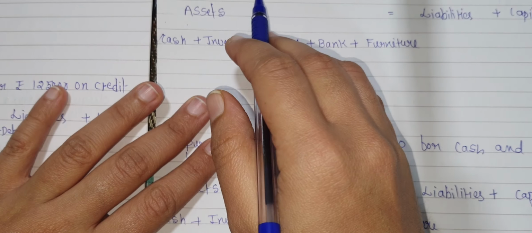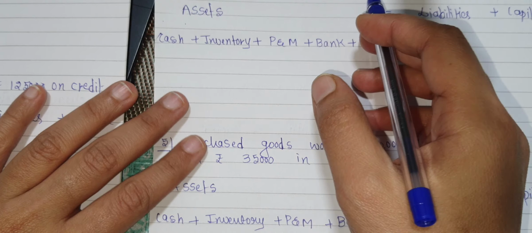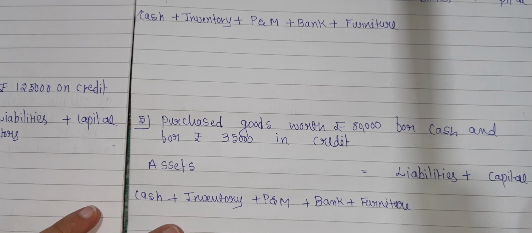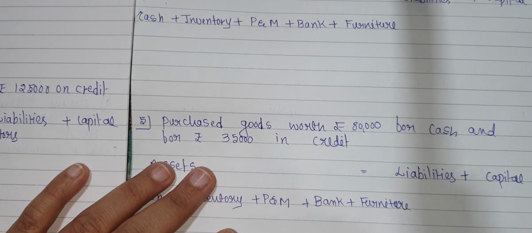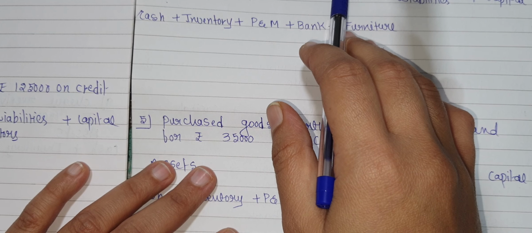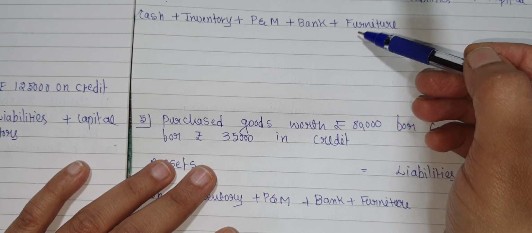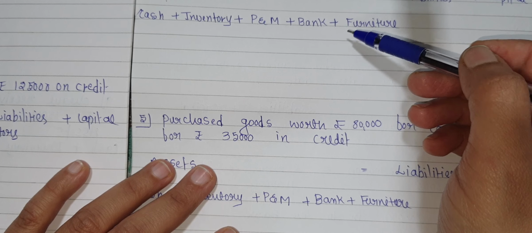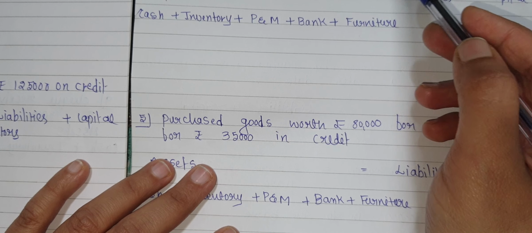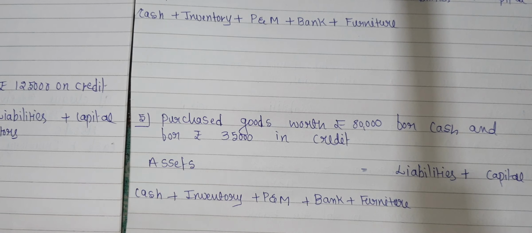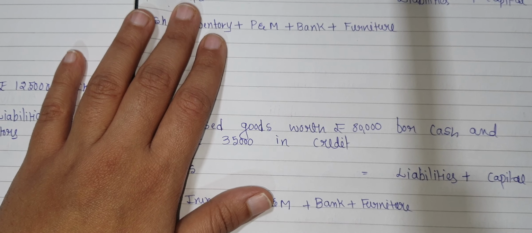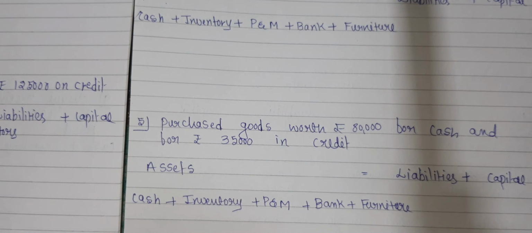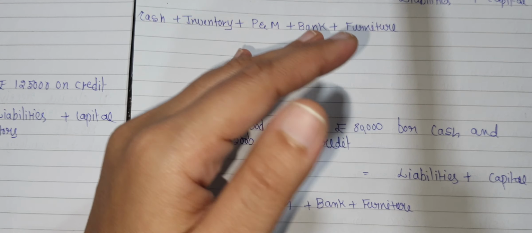Now we will see the next transaction, that is purchased office furniture for rupees 1 lakh and made payment by check. Here we have to add furniture for rupees 1 lakh. It affects asset side only. The composition of the asset side changes.